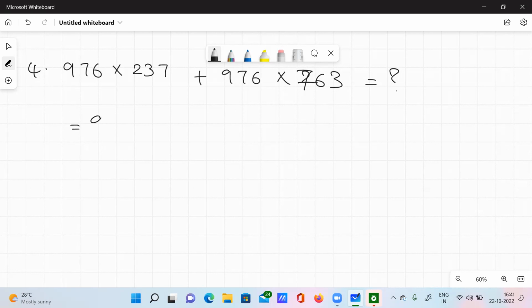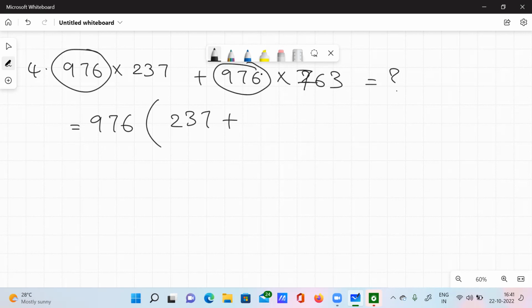976 is common, so you can take 976 as common, and write 237 plus, see here, out of all these, 976 here and 976 here are common. So I'm taking the common 976 value. You are left with this value and this value, so that's plus 763 here, right?